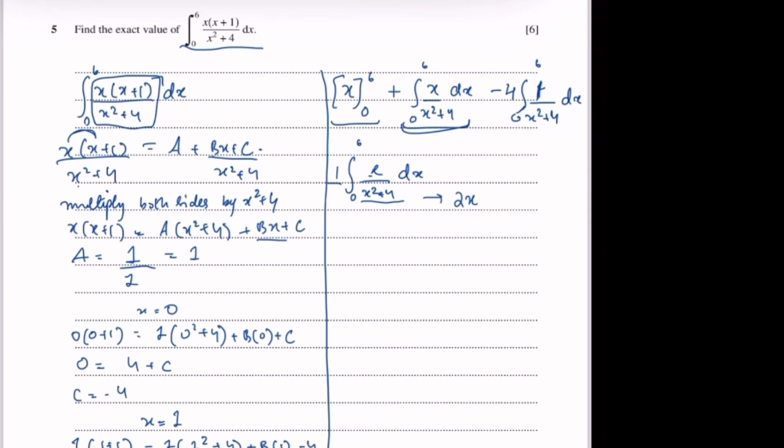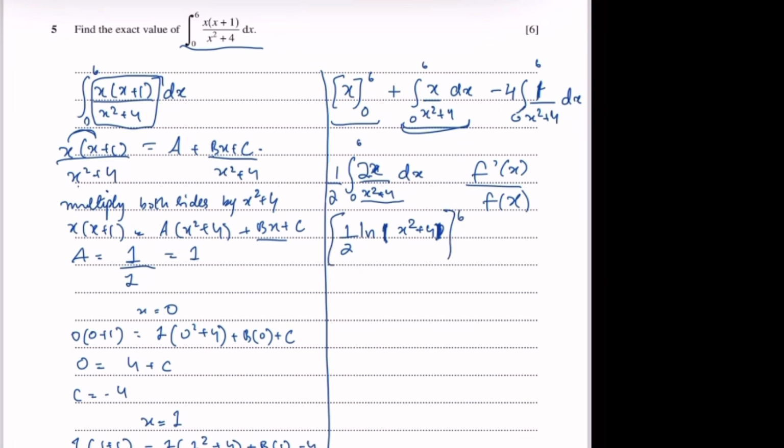So I add 2 over here and multiply it by half so that there's no overall change. And now it becomes of the form f dash of x upon f of x. So I can simply use the law now, which gives half ln of modulus x squared plus 4 within the limits 6 and 0.